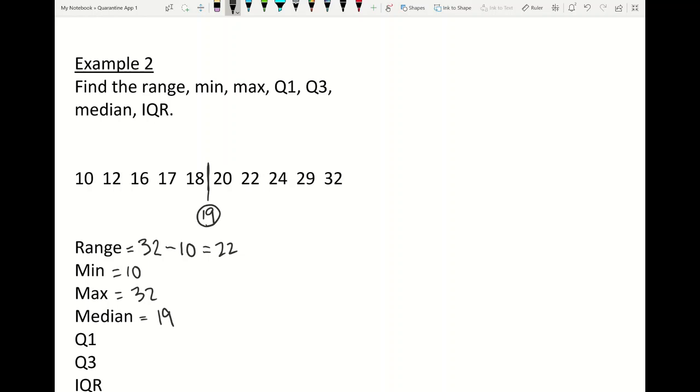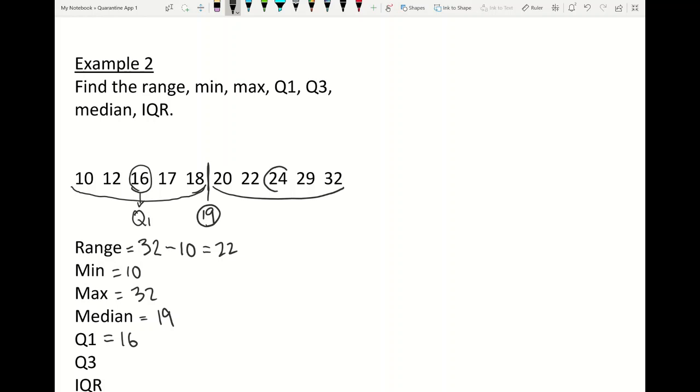Next, we will find Q1. To find Q1, we will find the median of the first half. We are going to use all those 5 numbers to find the median. In this case, it's going to be 16. So Q1 is 16. And Q3 is going to be what?